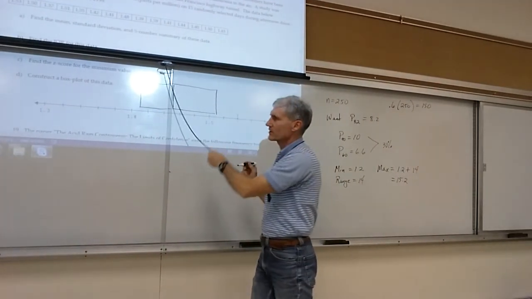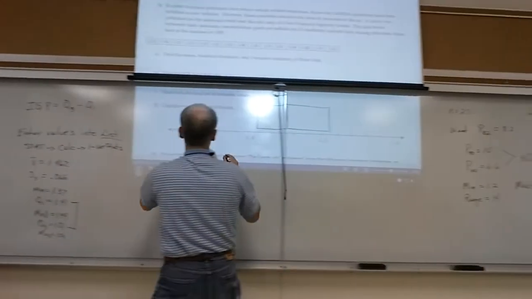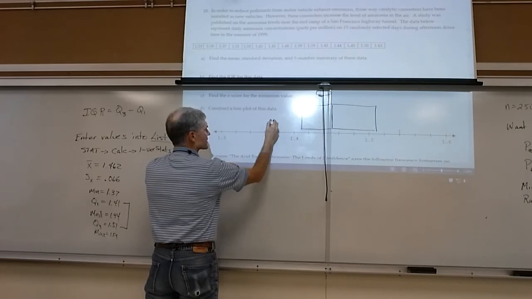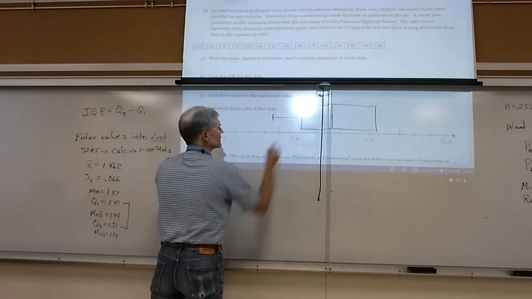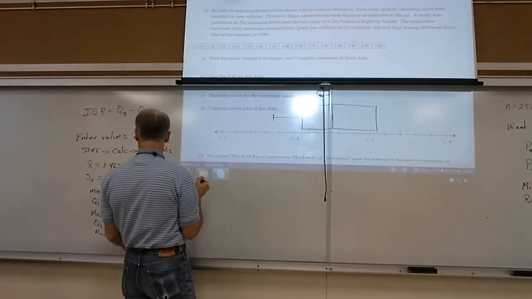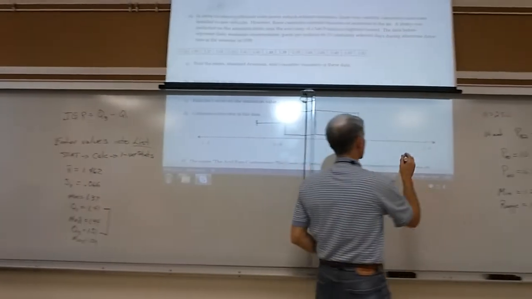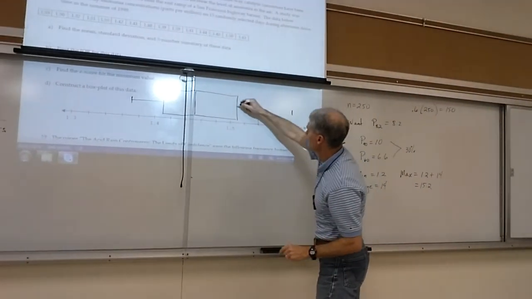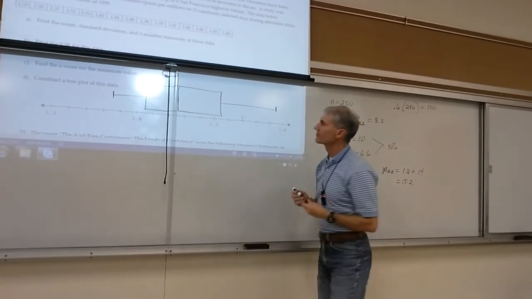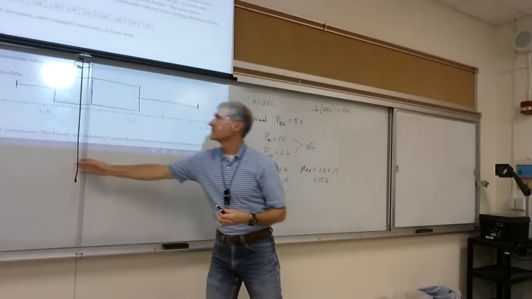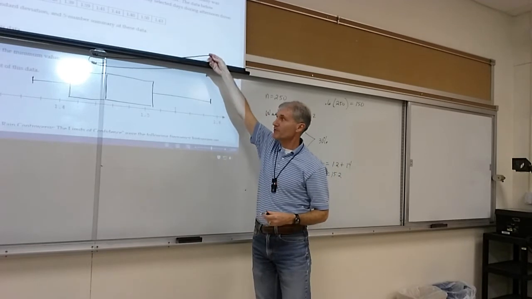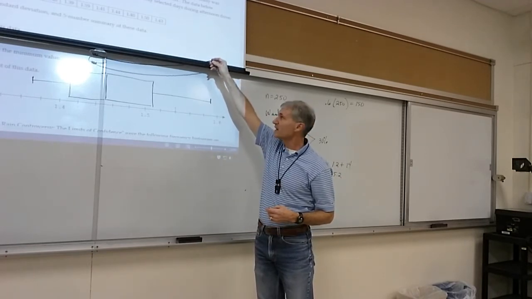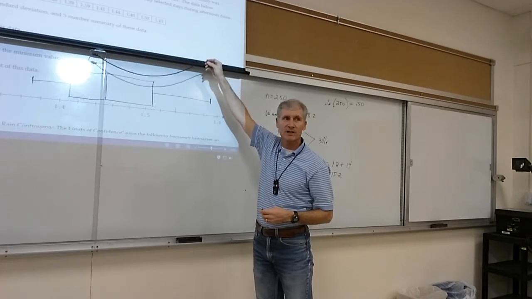Now all that's left are the whiskers. The whiskers go out to 1.37. So this is 2, 4, 6, so 7 is right there. And 1.59 would be almost out here to 1.6. Okay? Describe the shape of the distribution. Slightly right skewed. It's not horrible, but a little bit of right skew.